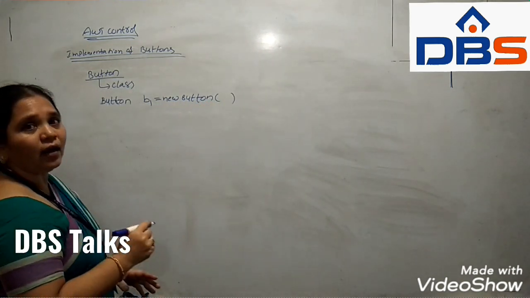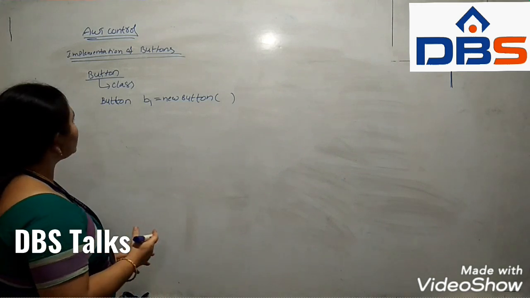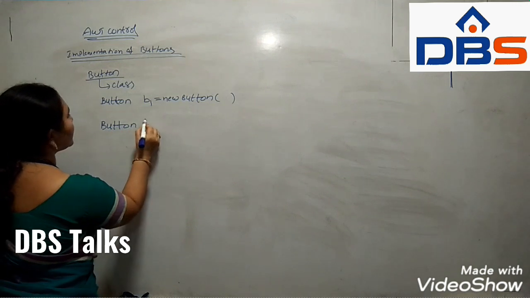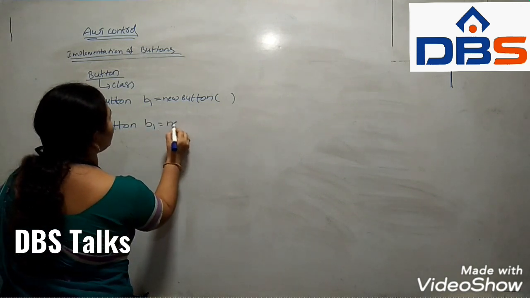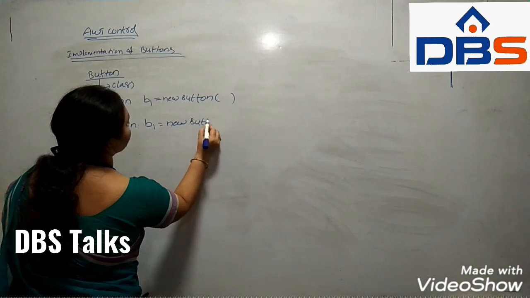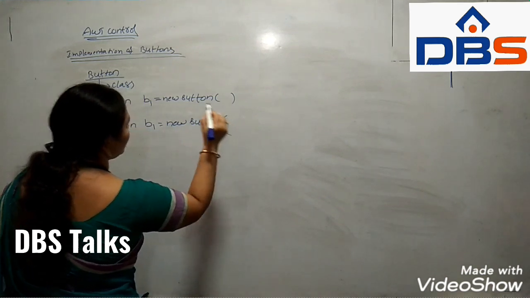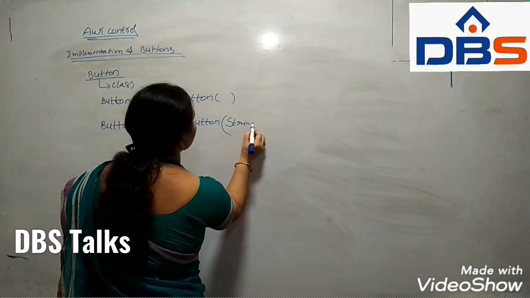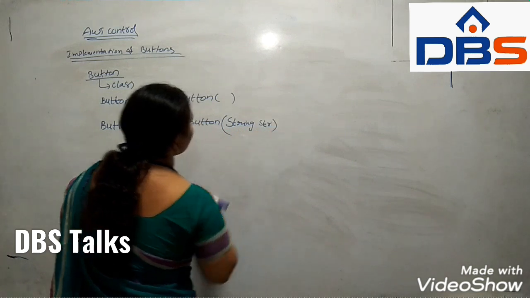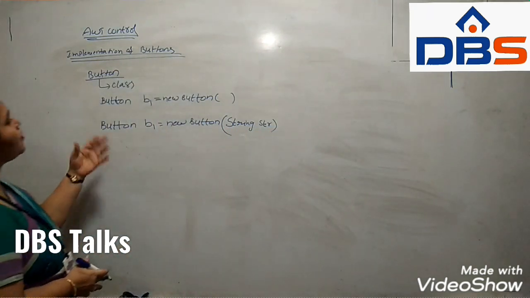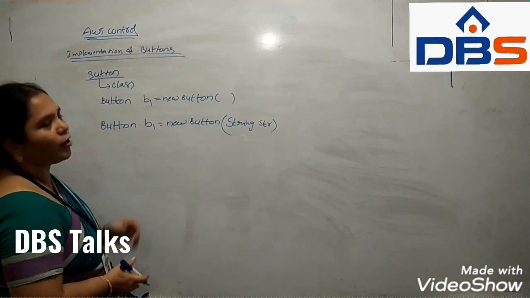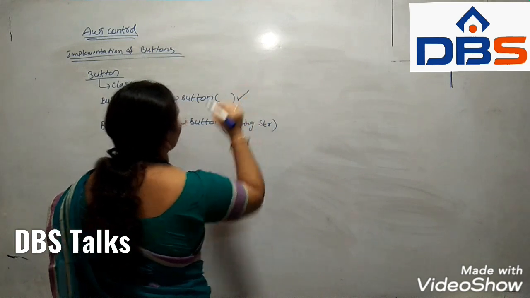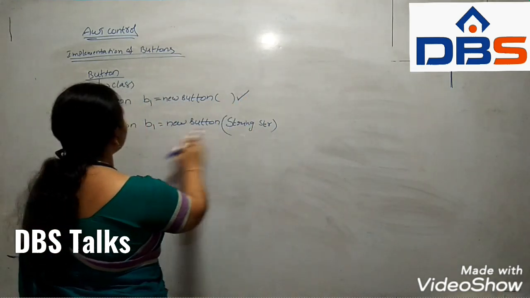Another constructor, another way we also use, is Button B1 equal to new Button(String str). So these are the two ways we have to create the object by using constructors. This is one type of constructor, and this is another type of constructor.